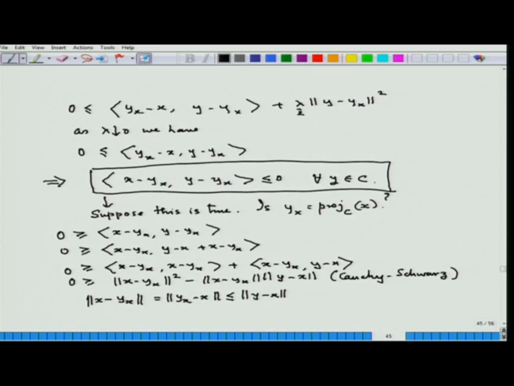But y was any arbitrary element in C. So, it is true for all y in C. So, this relation would hold for all y in C, and this would immediately mean that y x is the projection, because it solves the projection problem, and that is it.